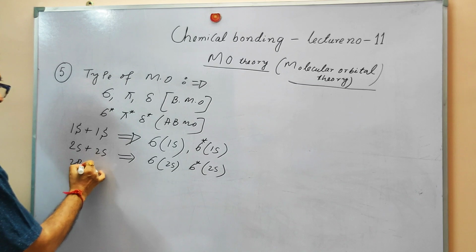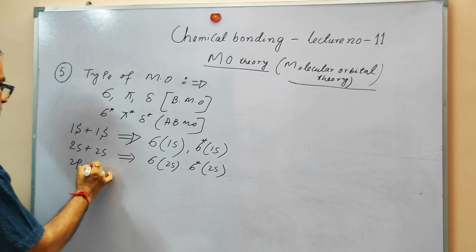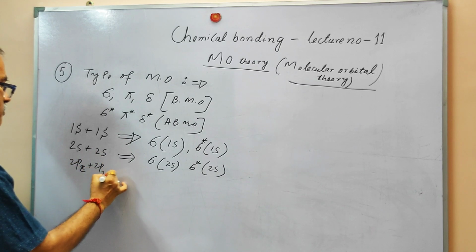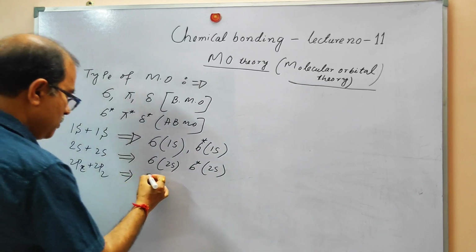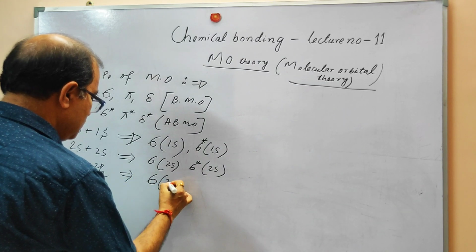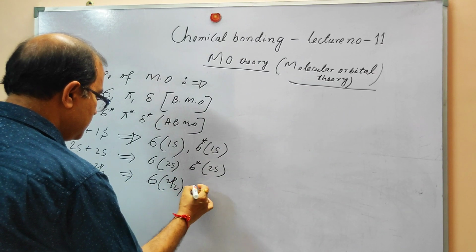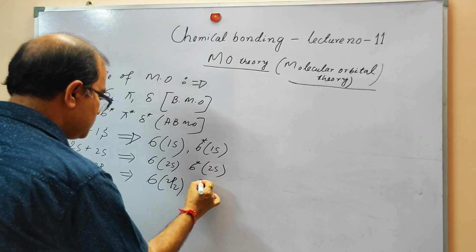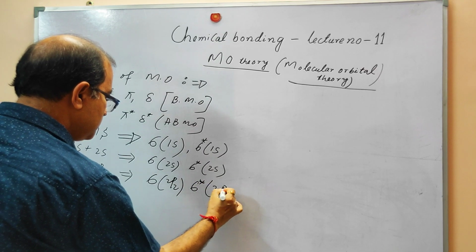Then 2pz plus 2pz orbital is going to create sigma 2pz and sigma star 2pz orbital.